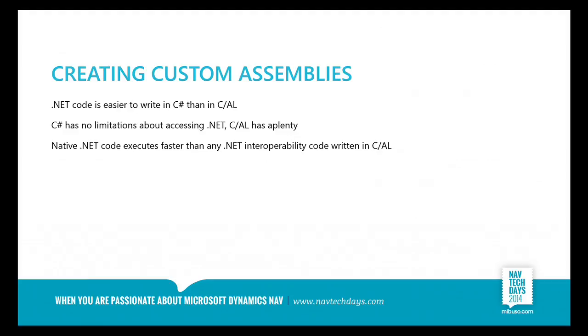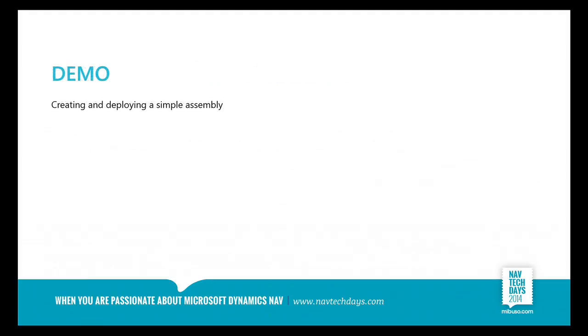It needs to locate the method by name, for example. It needs to construct arrays of parameters. Essentially, it has a lot of overhead. Probably you will not feel it, but this overhead will still be there. It will still slow things down. So if performance is really important, then it might make more sense to simply go into Visual Studio and write your assembly. So let me just create a quick assembly.